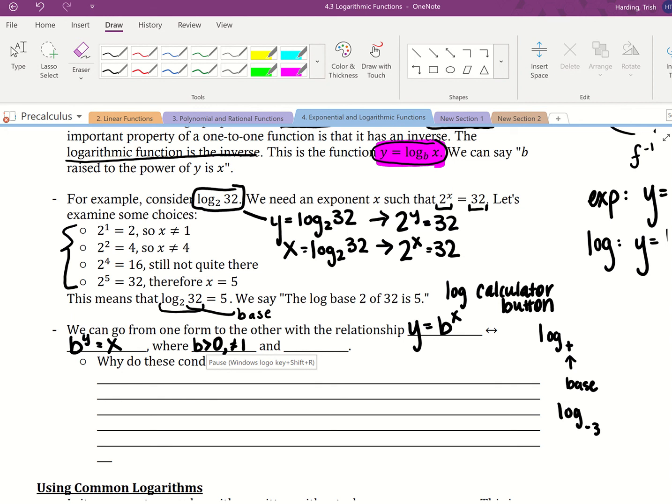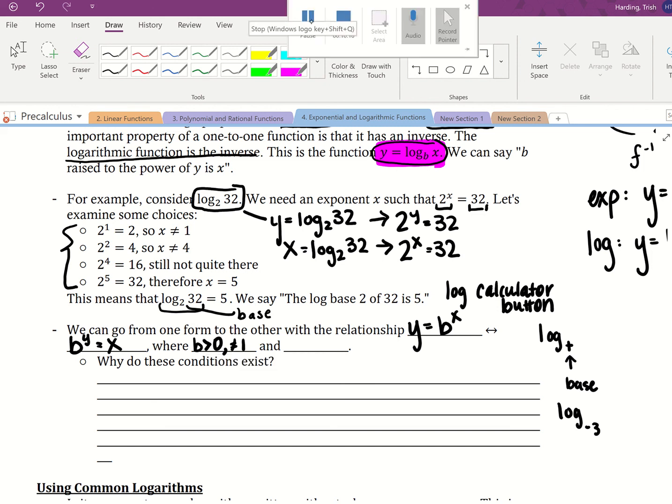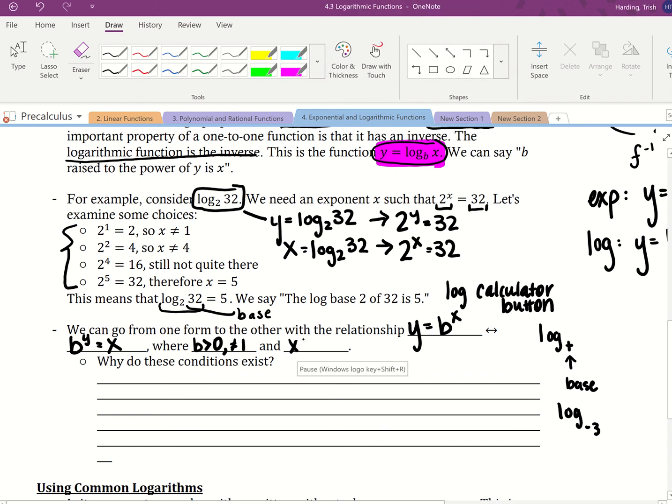We would get more or less some type of constant function, which is not an exponential. And also x has got to be greater than 0. So once again, you cannot take a negative logarithm. So if I had log base 2 of -4, that's not going to work.